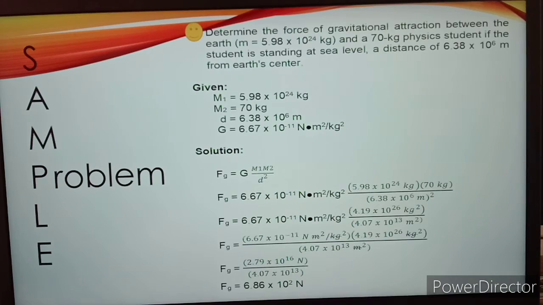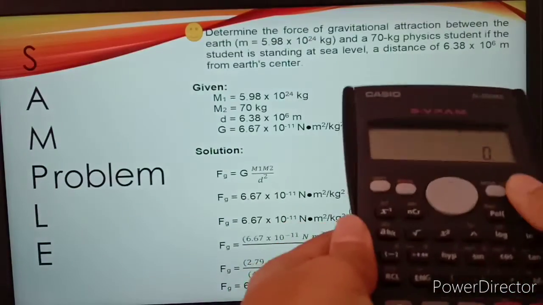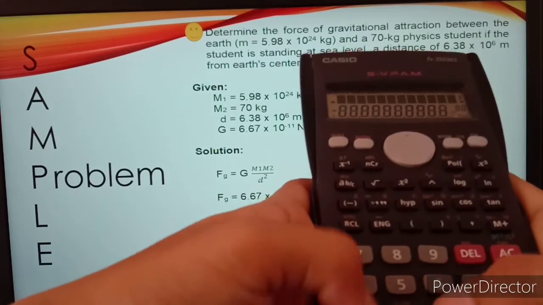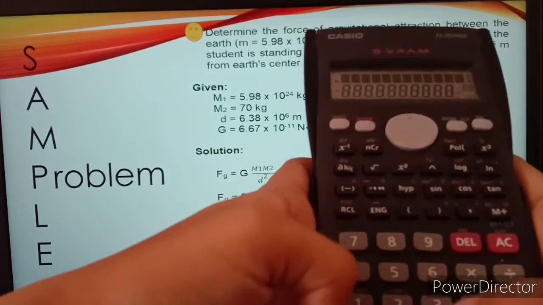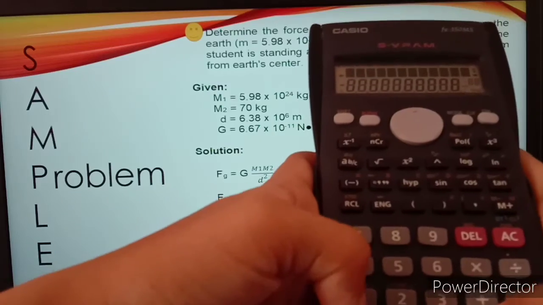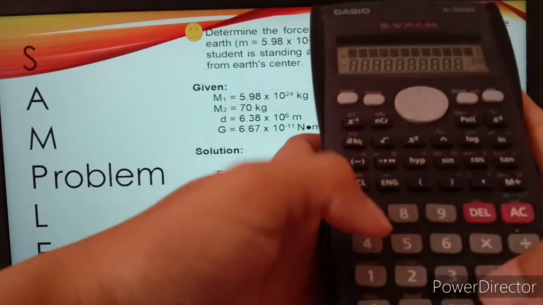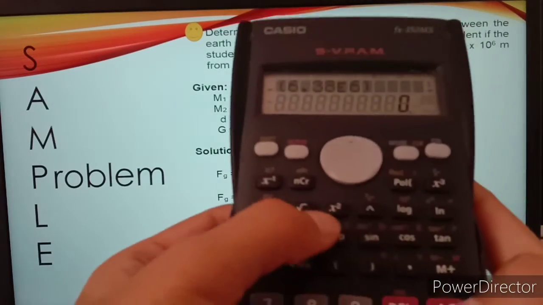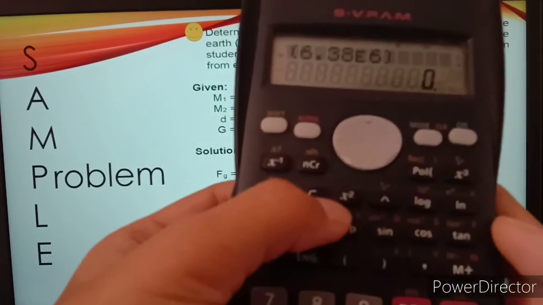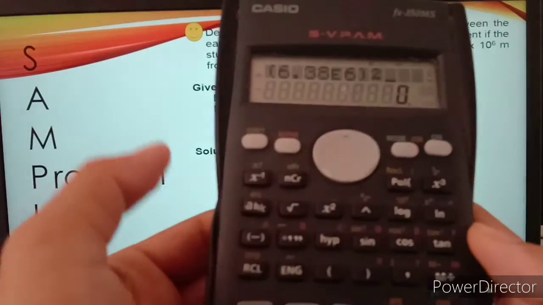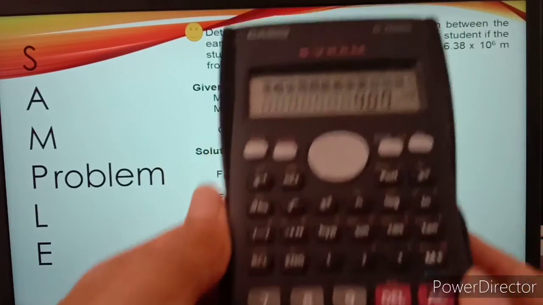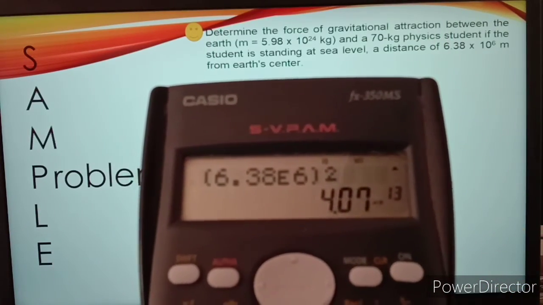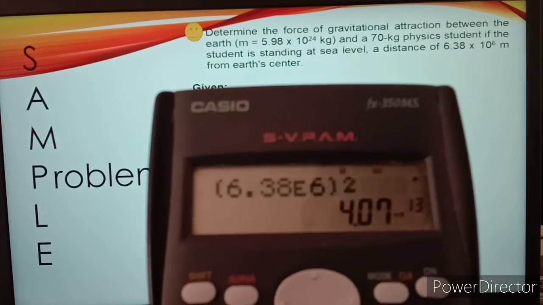Next is the square of the given distance. We have 6.38 EXP 6, and then we click the x squared function, and then equals 4.07 times 10 raised to 13.